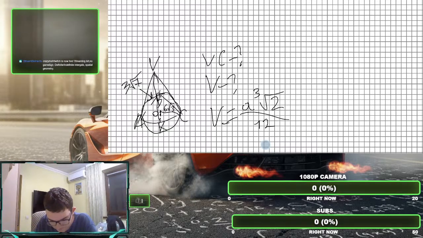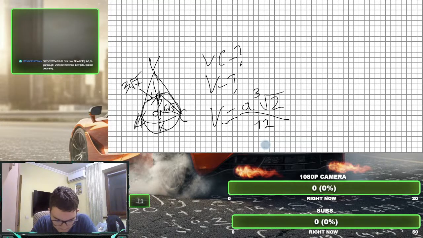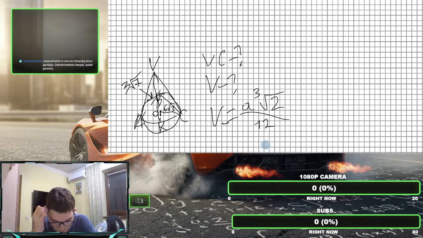And then the VC. How am I supposed to find the VC? Looks like he has the same formula available. Whatever. Square root of 3, square root of 2, divided by 12. I just need this, 3 square root of 7. I can find the height.